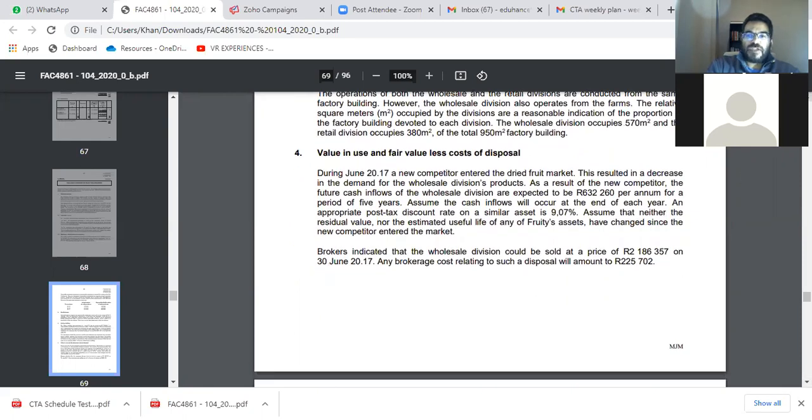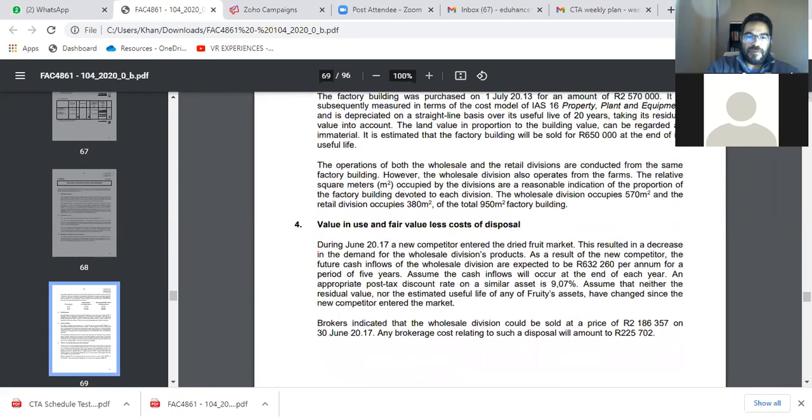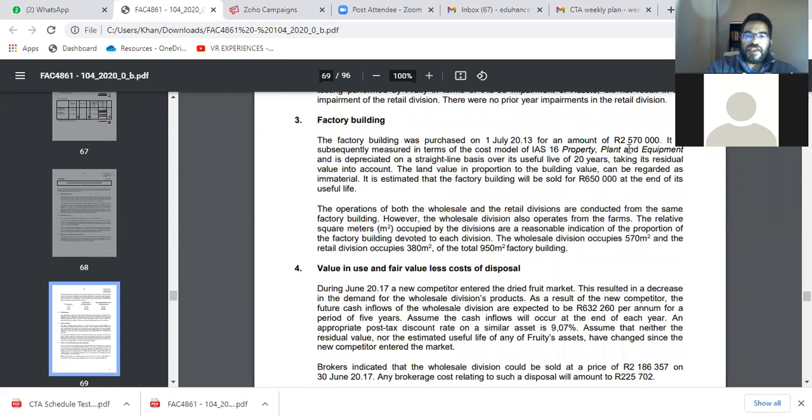So here they told us we can allocate on a reasonable, consistent basis. So all we're going to do is take 2750. We can't take 2750. Let's just assume 2750 is a carrying amount. So whatever the carrying amount is at 30th June 2017, let's assume 2.5 million. Then the wholesale division will say carrying amount, I'm making up a number, 2.5 million, multiplied by 7,570 divided by 950.